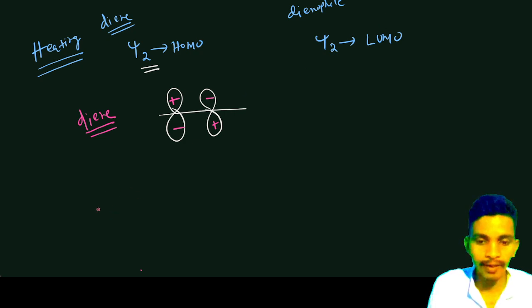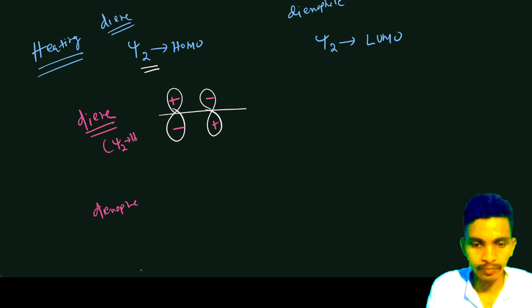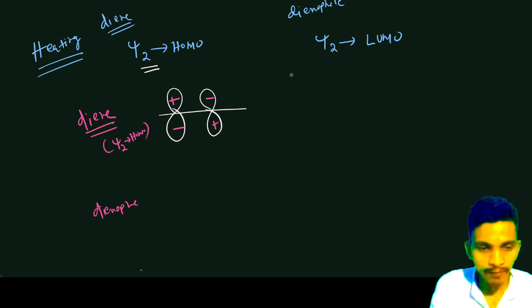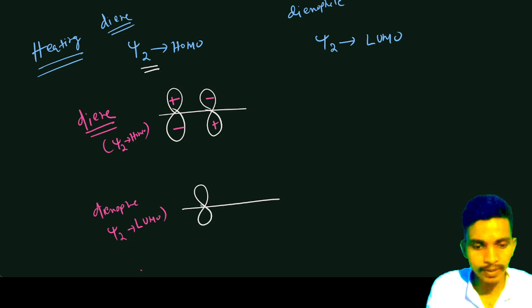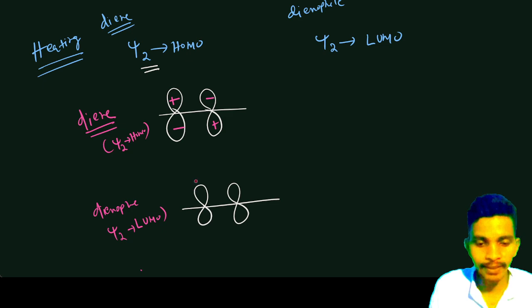Now for the dienophile, side 2 is the HOMO and also side 2 is the LUMO. The representation is like this. If it is negative, then the other will be positive, since this is an even number, they have opposite signs.